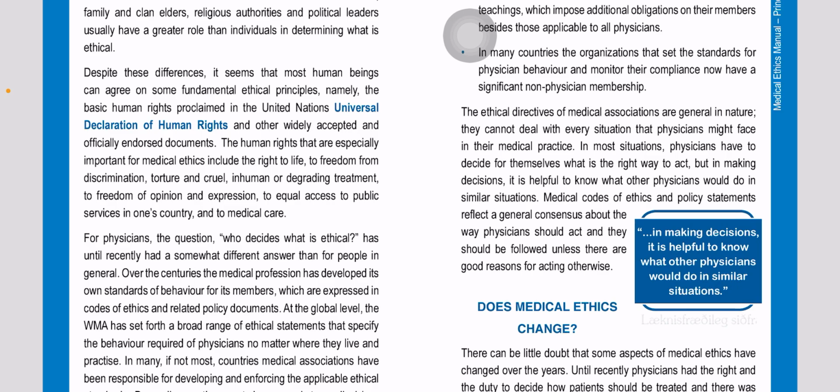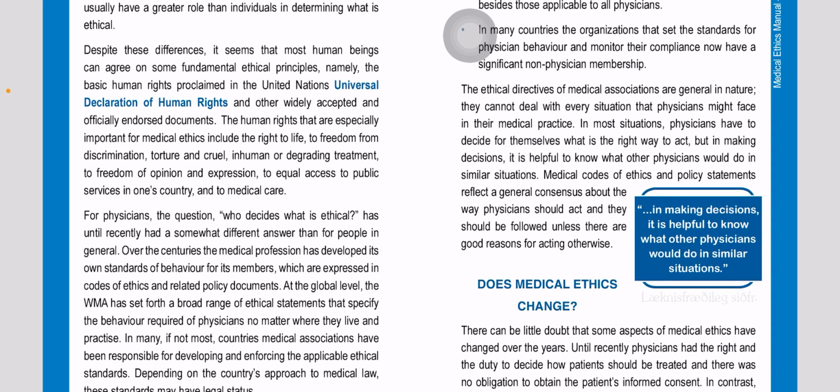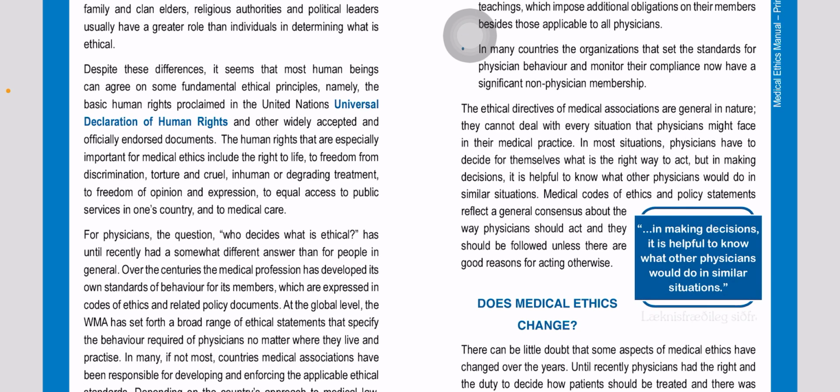Okay? So the human rights that are especially important for medical ethics include the right to life. We have discussed that, the right to life being the highest right in the hierarchy of rights. Next, freedom from discrimination, torture, and cruel, inhumane, or degrading treatment. So, it's fundamental also. It is a protected right.